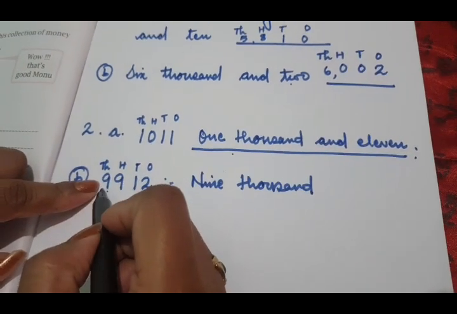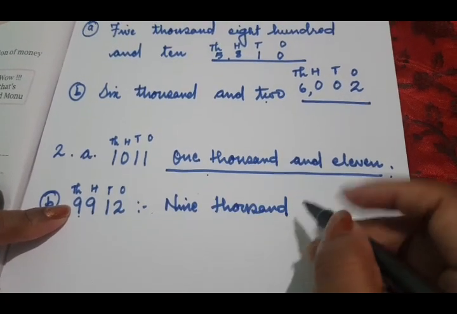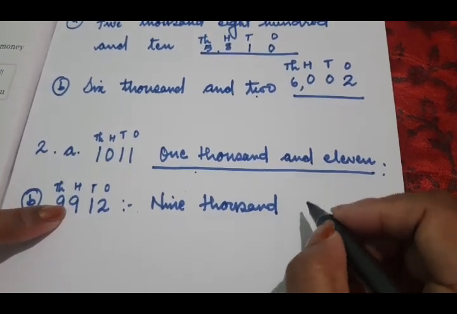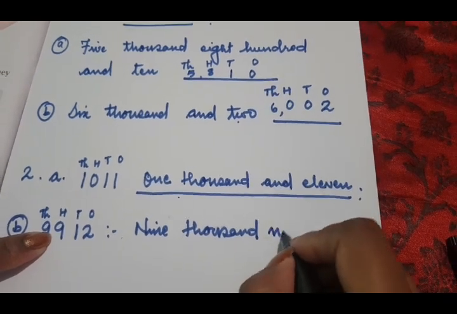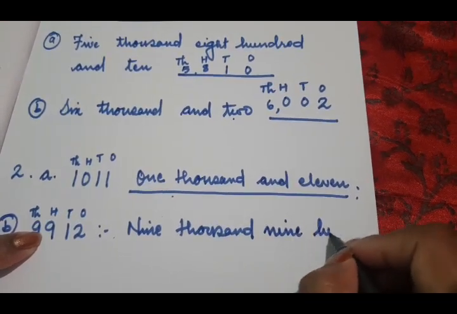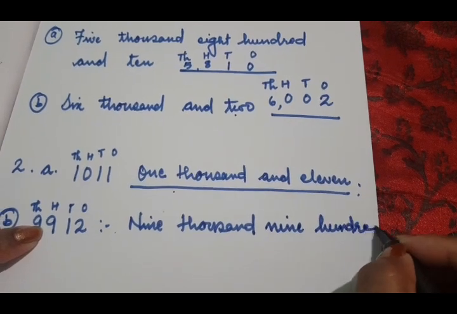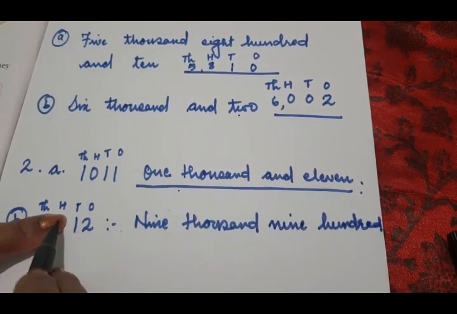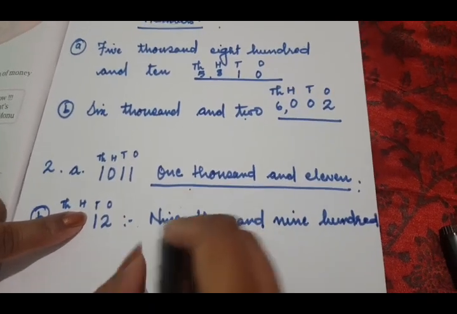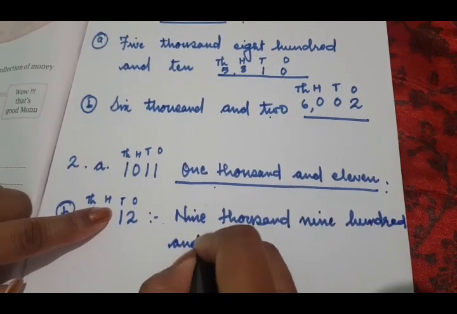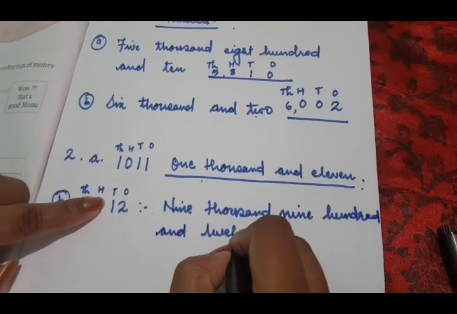Just below 1,000 you can see 9. So 9,000. In place of 100 you can see 9. So 9,900. In place of tens you can see 1. So 9,912.